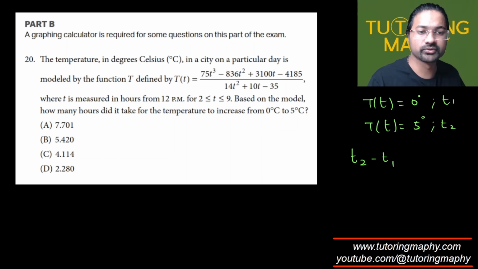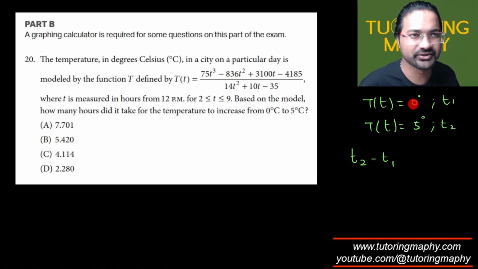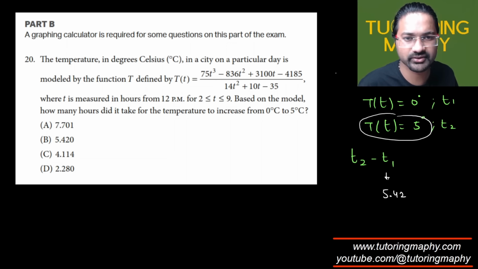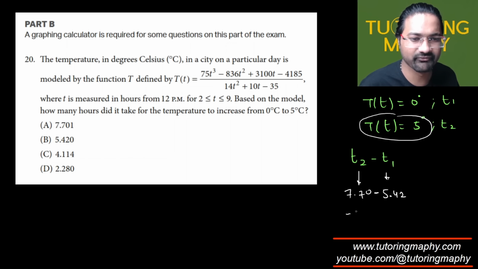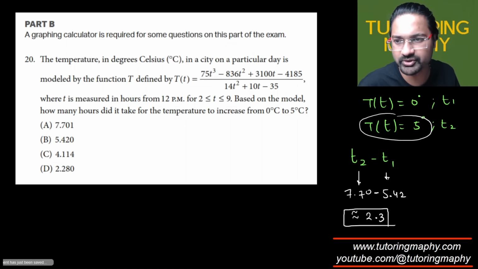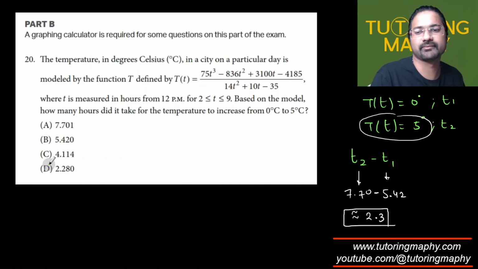When I plug this into the calculator and solve for the temperature equal to 0, I'm getting T1 as 5.42. And when I solve for the expression equal to 5, the corresponding time I'm getting is 7.70. If I subtract these two, I get somewhere around 2.3, which is option D as the final answer.